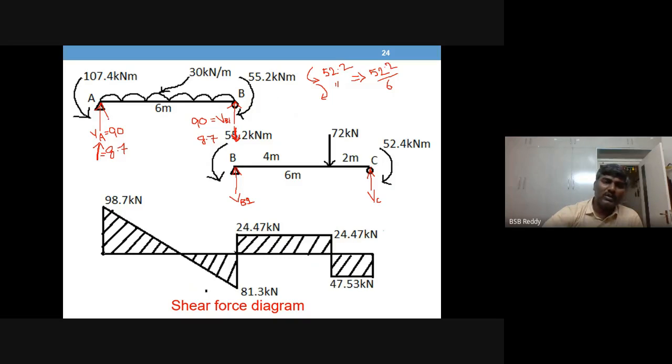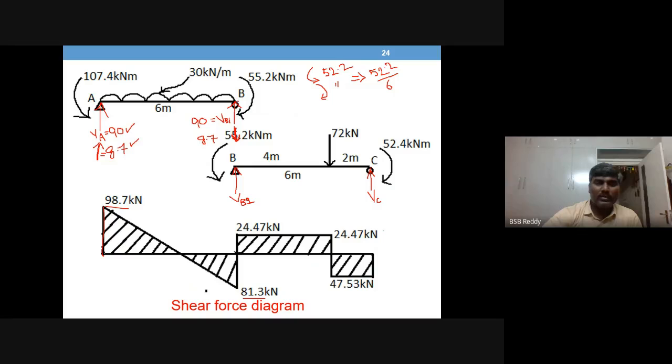So what is the total reaction at A? Both are in the same direction. So 90 plus 8.7, 98.7. These are opposite. So 90 minus 8.7. What will it be? 81.3. Okay. So that we are drawing. So draw 98.7, total VA value.